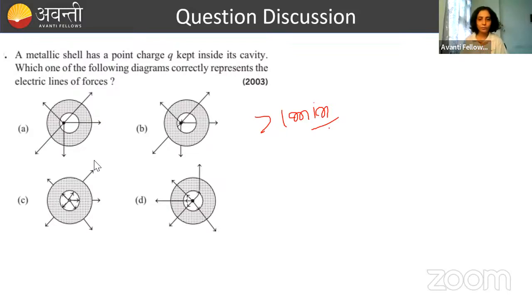चलो तो यहाँ पे क्या है? दिस इज अ मेटालिक सेल, और चार्ज Q जो है दैट इज केप्ट इन द कैविटी. व्हाट विल बी द इलेक्ट्रिक फील्ड?